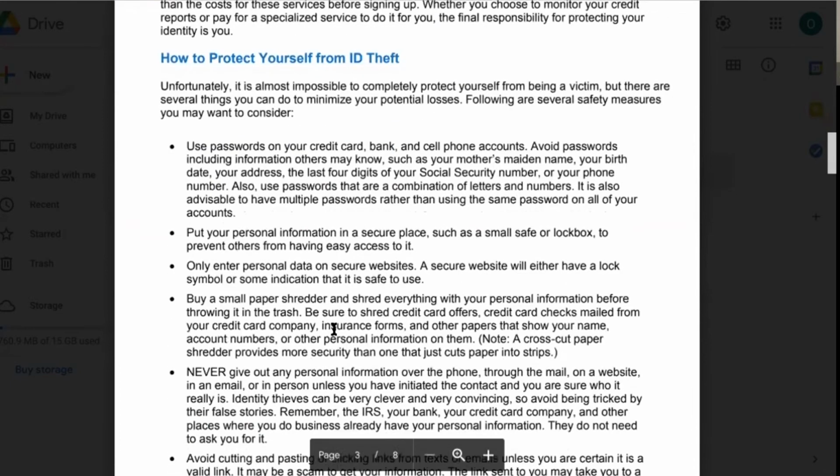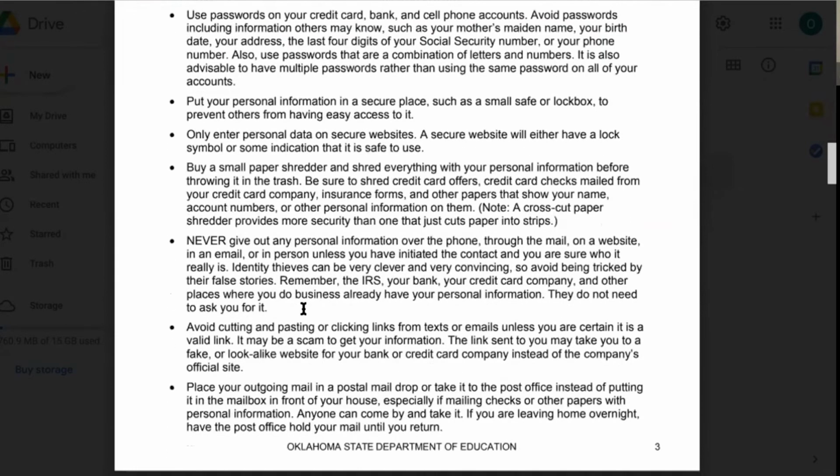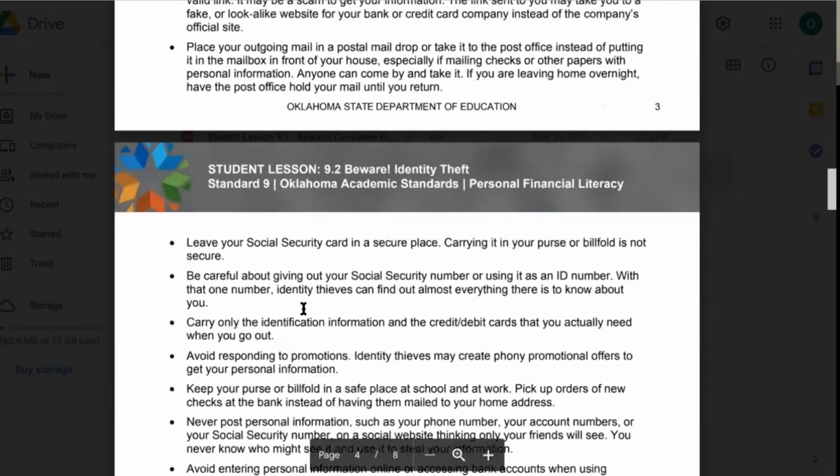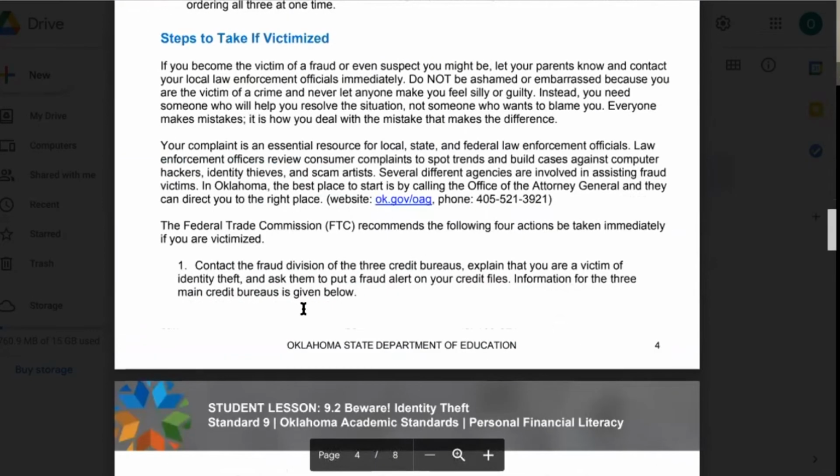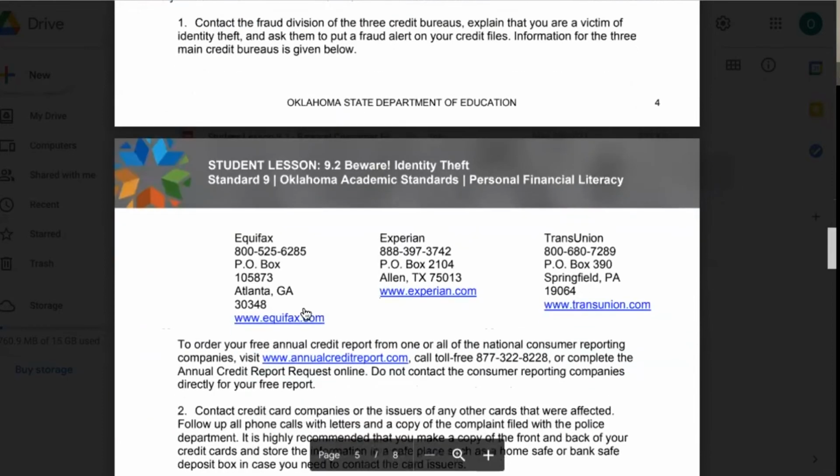So then the next section is how to protect yourself from identity theft, and it goes through different steps that you can do to prevent that from happening. And then more information about steps to take if you are victimized and who to contact.